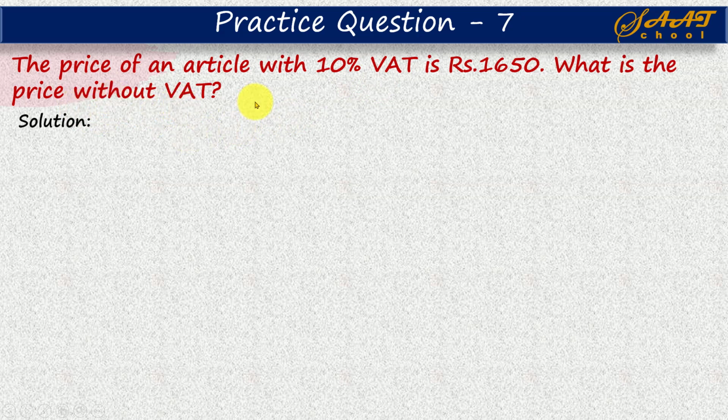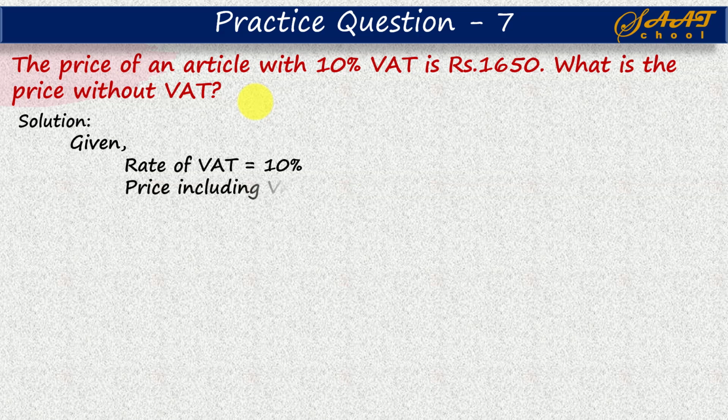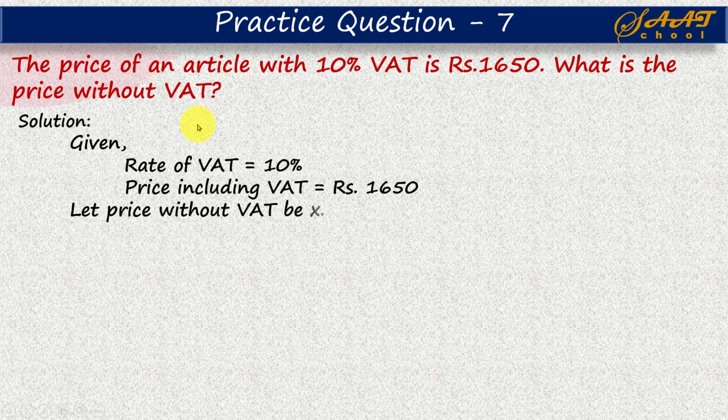Now here we have the rate of VAT, which is 10%, and we have the price including VAT, which is 1650. Now to calculate the price without VAT, or the price before VAT, we can say let the price without VAT be X. So we assume here X is the price before VAT.